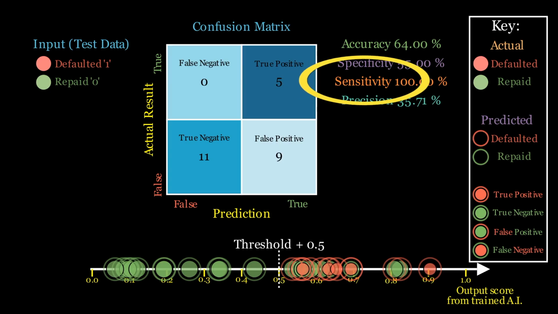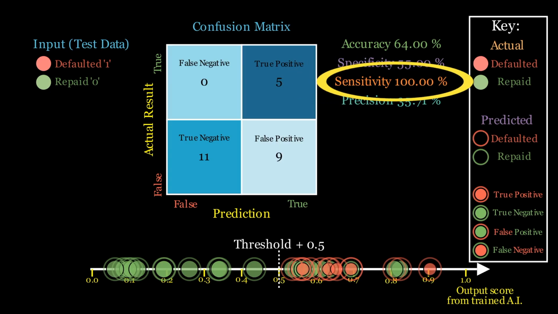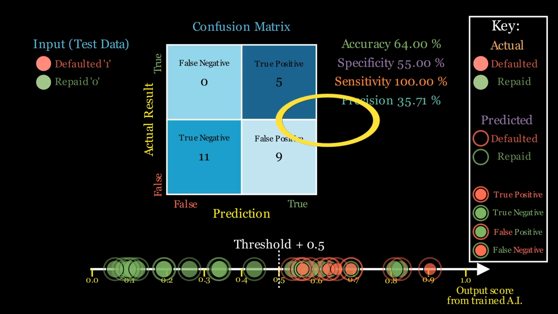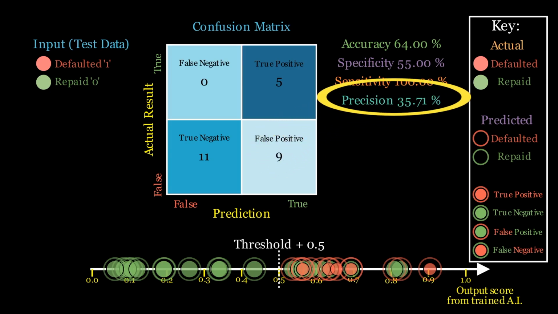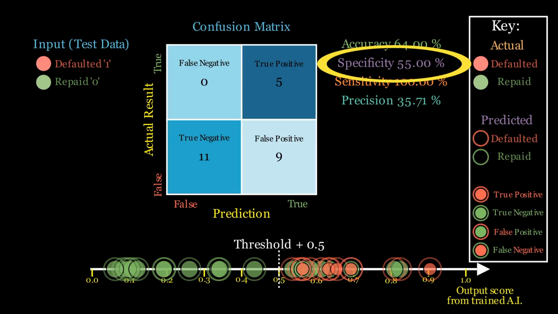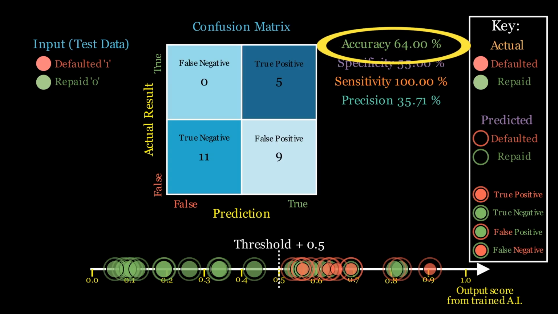Our model is very sensitive to finding all the defaulting loans, and it gets a great sensitivity score to reflect this. However, we incorrectly assign 9 borrowers to the defaulters category, and with 9 false positives, both our precision and specificity scores suffer. Our accuracy is 64%.